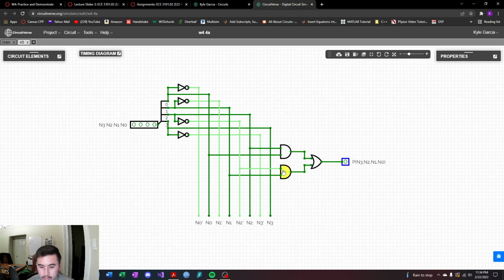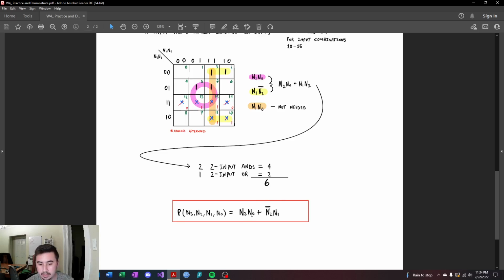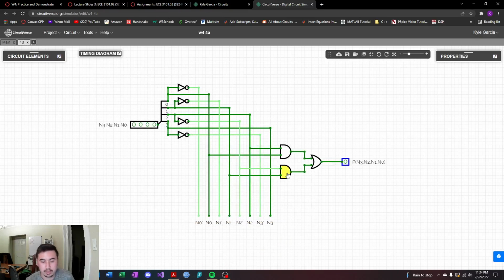Over here, we're supposed to have N2 not right there, and N1. Just to double check, N2, N0, N2 not, and N1. Yes, so it corresponds. In this case, we just want to make sure that any prime numbers from 0 to 9 are 1. It doesn't matter what the other ones are, because they are don't cares.